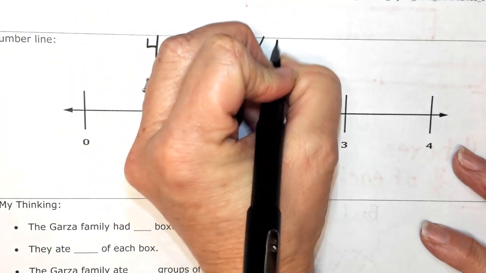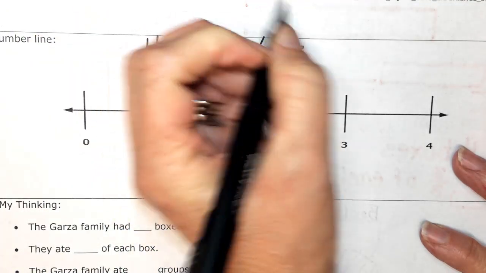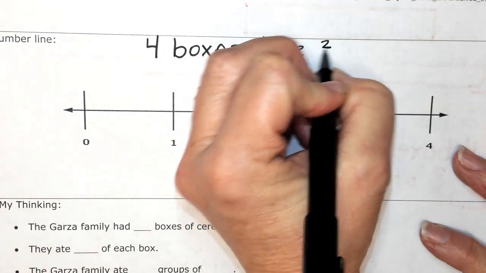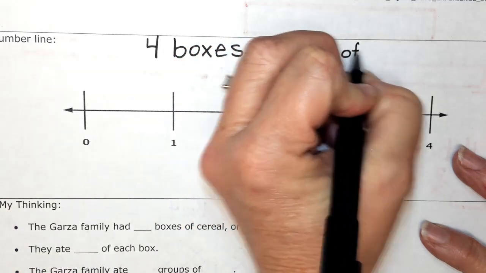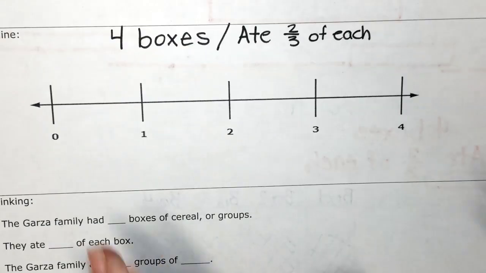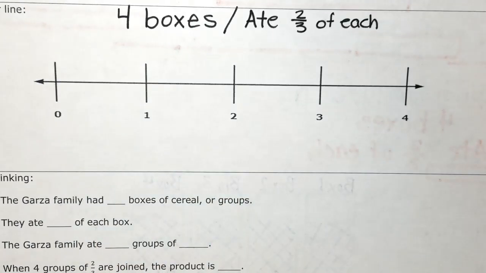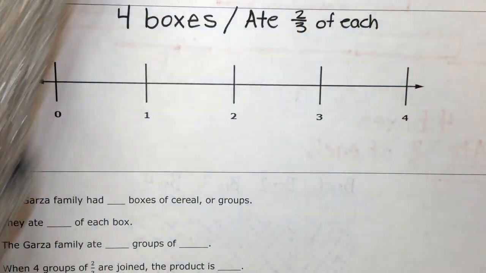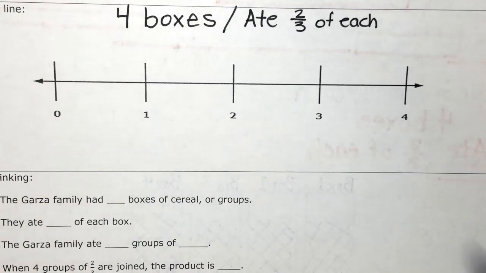And we know that we ate 2/3 of each. Now, I love the number line for fractions, because if you're good at the number line, then you will be able to find your answer using the number line. You won't even have to do any multiplying or dividing. You just have to do some careful labeling.